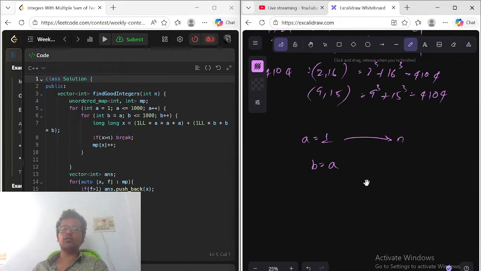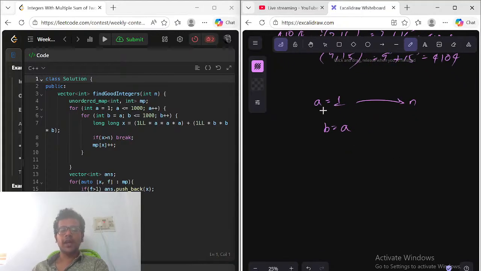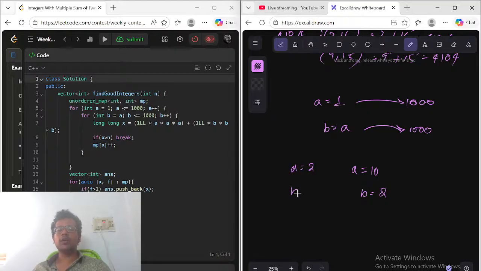So I am just going with a from 1 till 1000 and b from a till 1000. Why am I not going with b from 1 again? Because if a is 10 and b is 2, this will have already happened when a is equal to 2 and b is equal to 10.